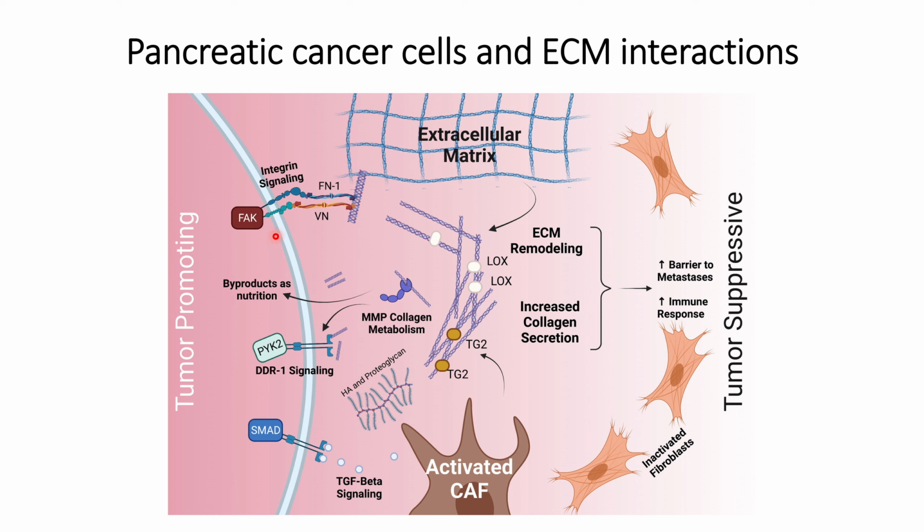From the figure it is clear that the ECM, or the stroma around the tumor cells, has a dual role: a tumor-promoting and also a tumor-suppressive environment.